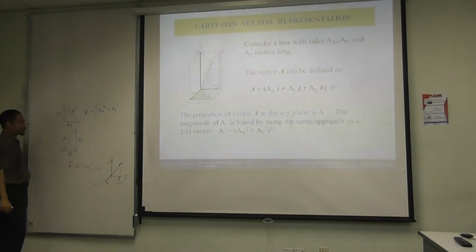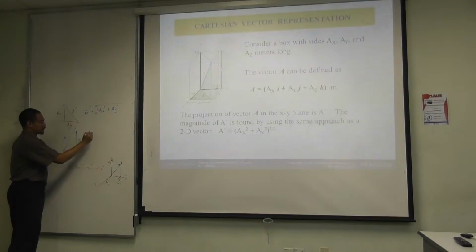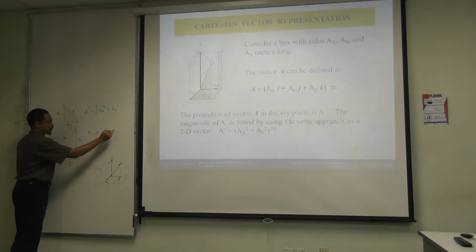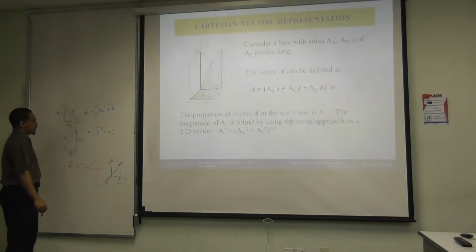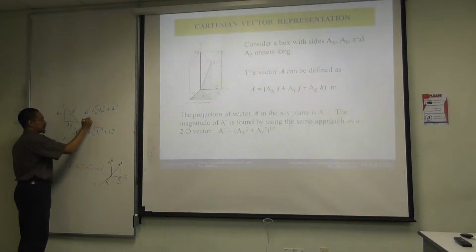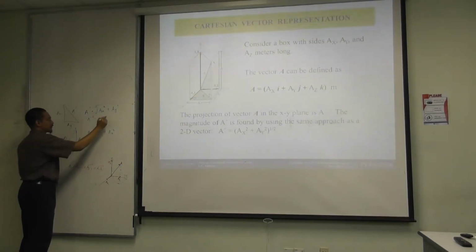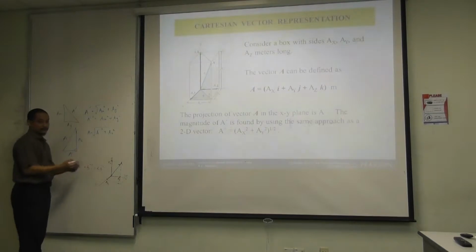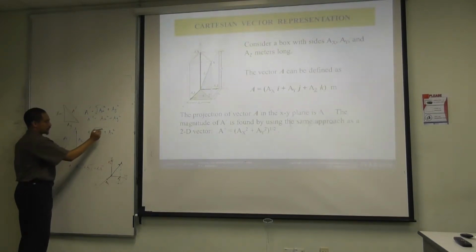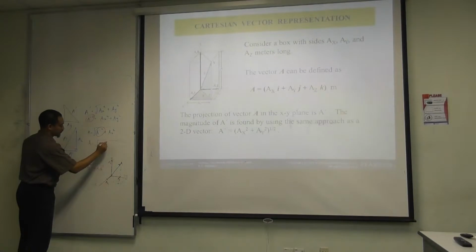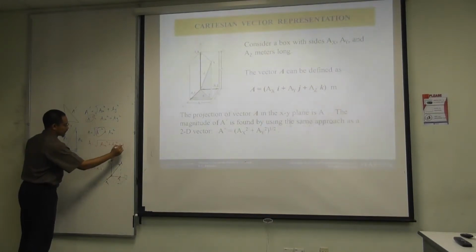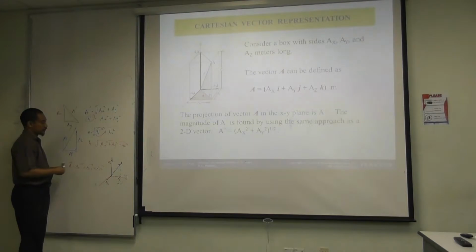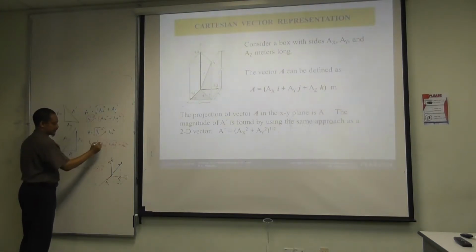So the relationship is A equals the square root of A prime squared plus az squared. But A prime squared is simply ax squared plus ay squared, so you can just replace it. Hence you get A equals the square root of ax squared plus ay squared plus az squared.